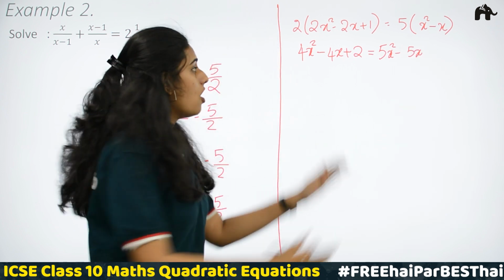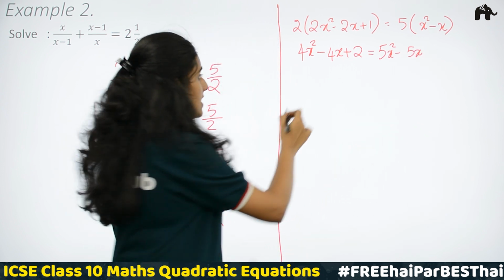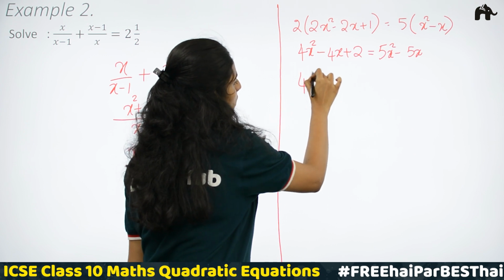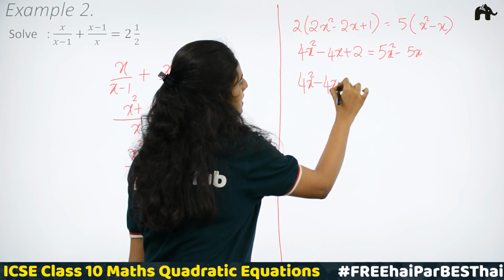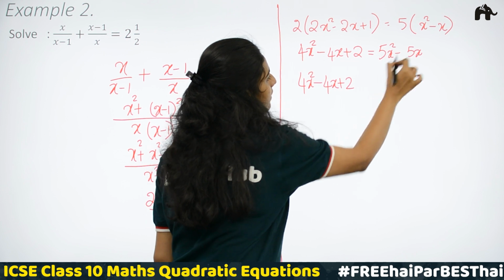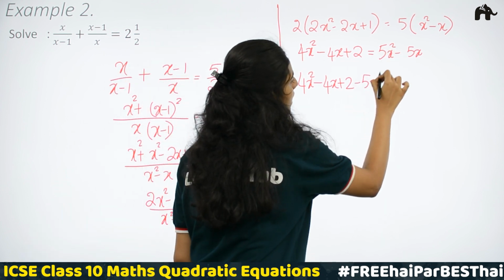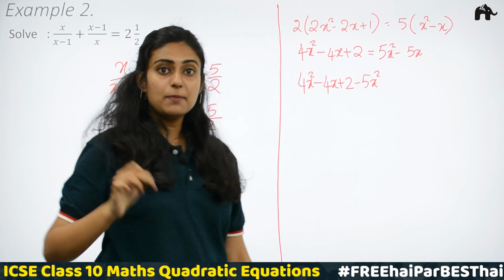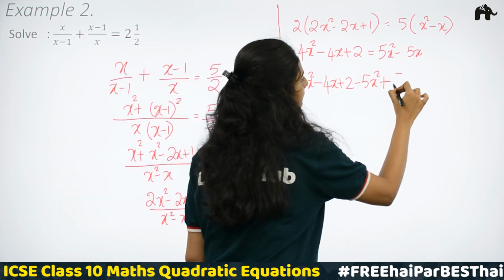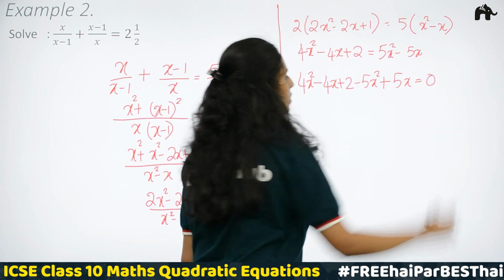Now bringing all the terms to the LHS, we get 4x square minus 4x plus 2. 5x square becomes minus 5x square, minus 5x becomes plus 5x, that is equal to 0.